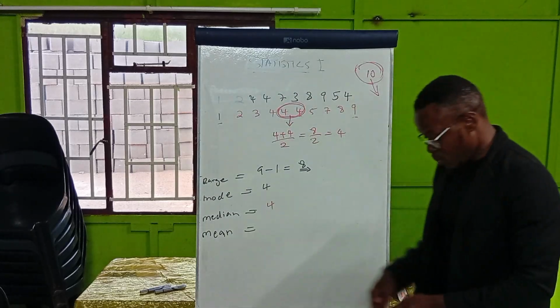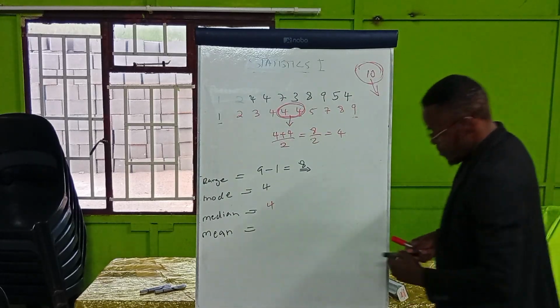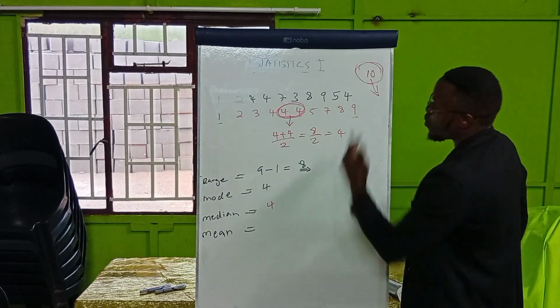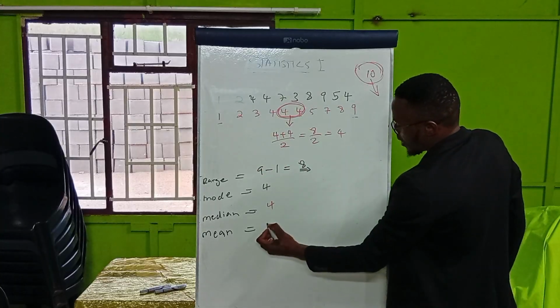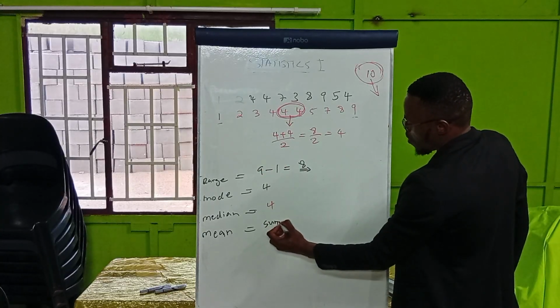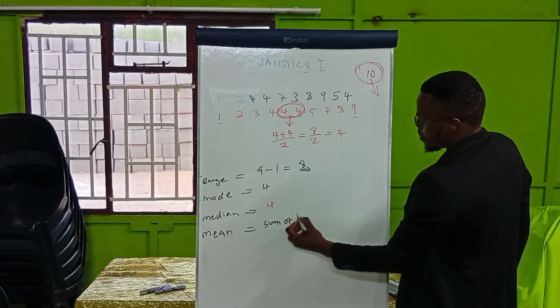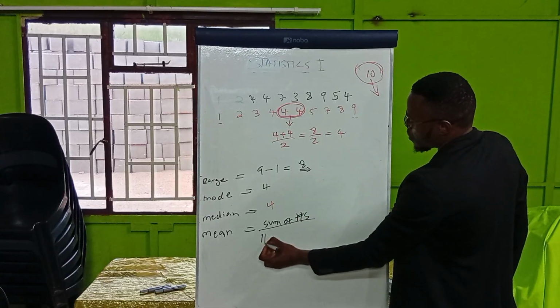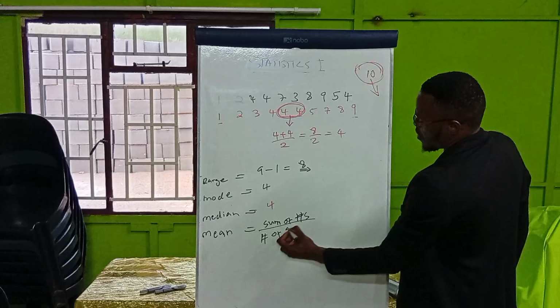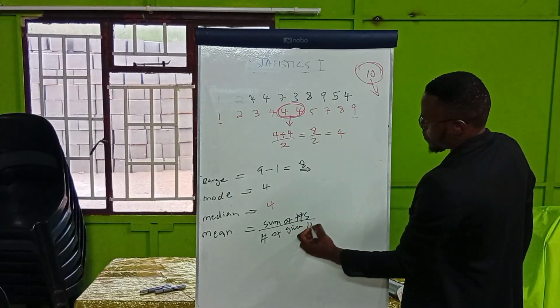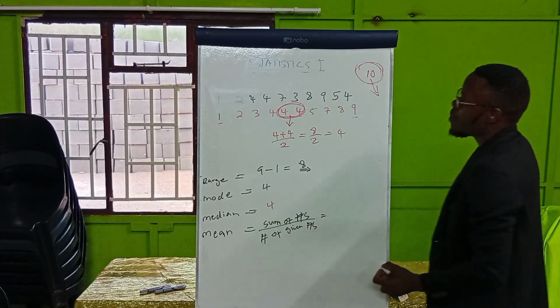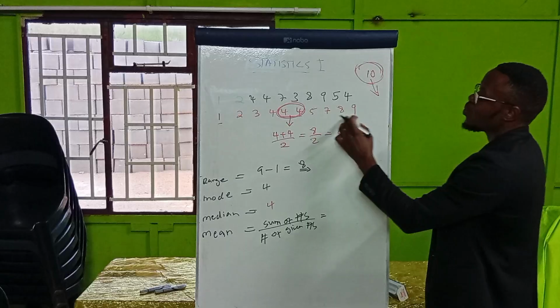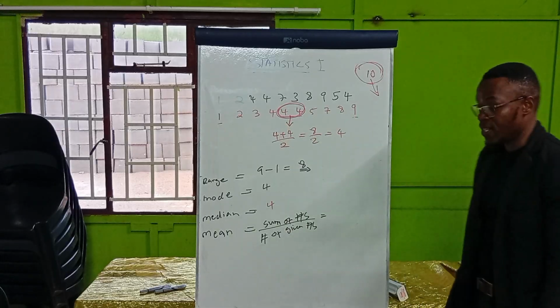Okay, now let's move on to the mean. Remember we said this, for random data, the formula is the sum of the numbers divided by the number of numbers. So the sum of the numbers is simply for you to add the given numbers.